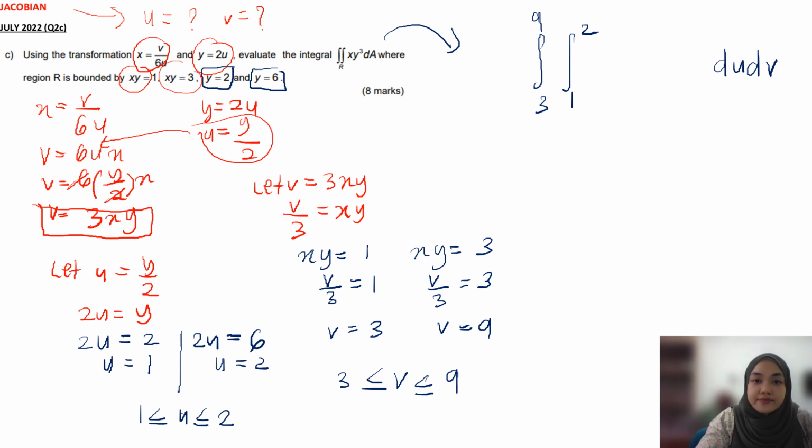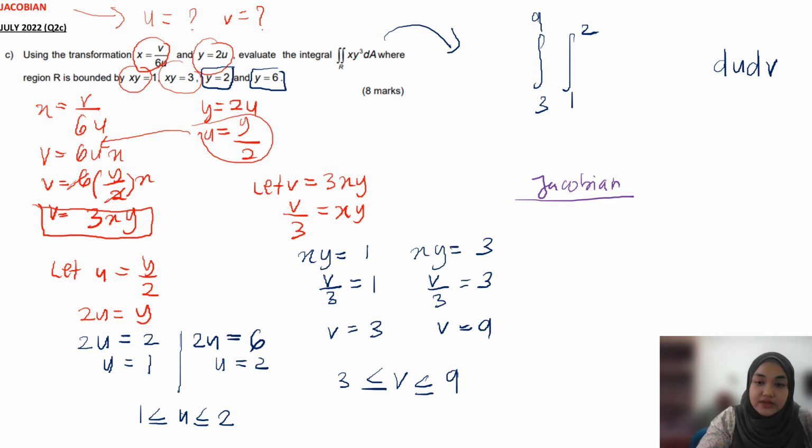Next, what you need to do is find the Jacobian. You haven't found the Jacobian yet. For the Jacobian, there's a formula where you differentiate u, v with respect to x and y.